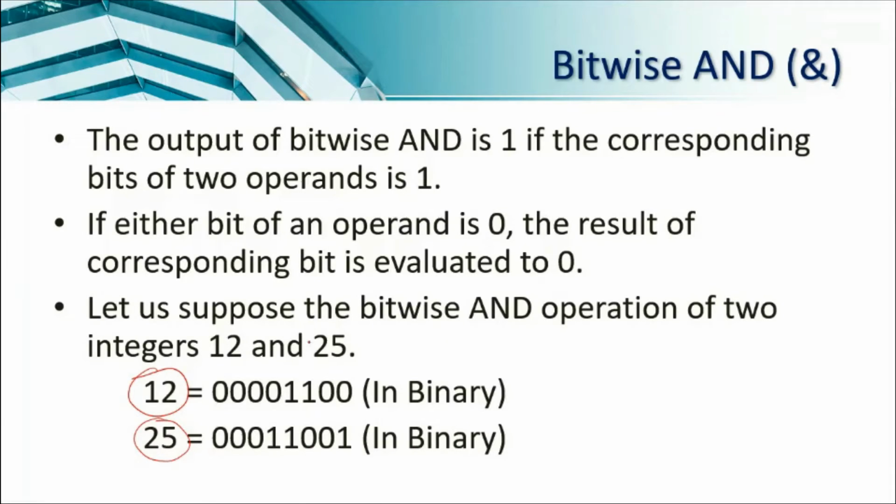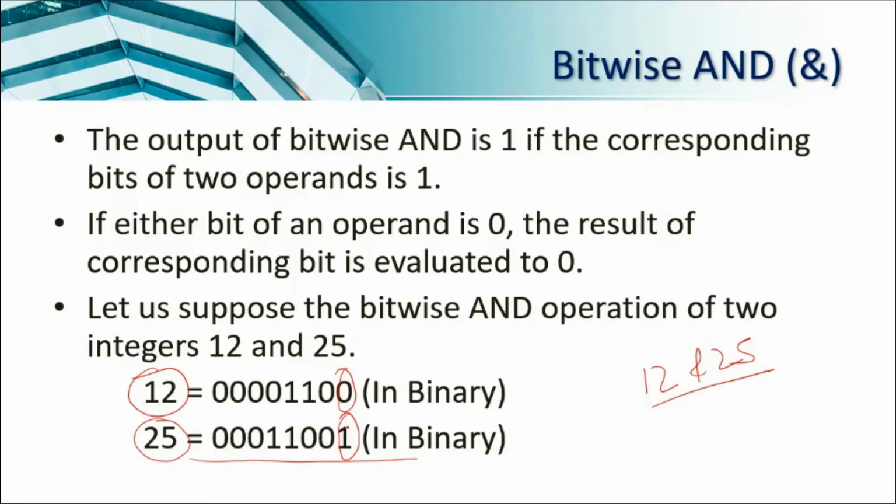In bitwise operations, this bit as well as this bit, in the case of 12 and 25, if we are doing an operation like this, the corresponding bits at the same position, that is 0 and 1, will be considered. This is taken as an ampersand, an AND.